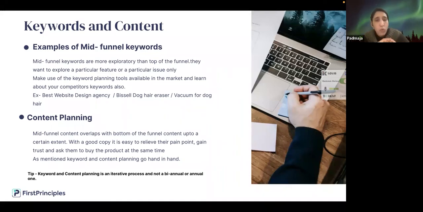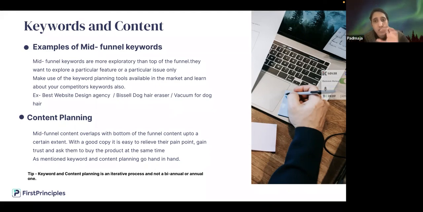It's not a biannual one, or something you do as and when you want to, or, hey, in 6 months we'll just look at it. It's something you need to keep doing on a very regular basis. And one of the easiest ways is to look at the competitors and see what keywords they are using and how they are doing it.